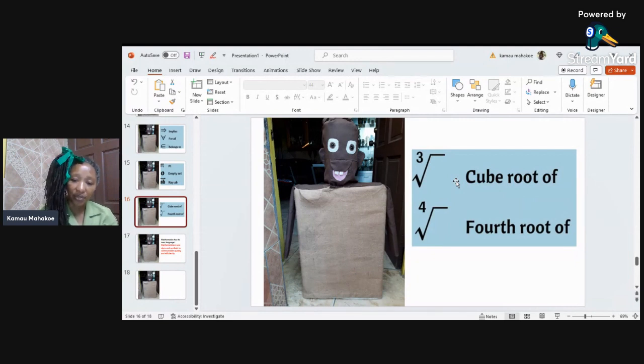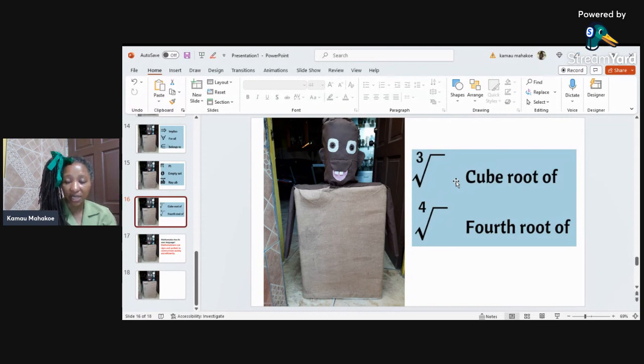So for example, if I multiply a number by itself 3 times, if I multiply 2 times 2 times 2, I'm going to get 8. 2 times 2 gives 4, 4 times 2 gives 8. So 2 cubed gives 8. The reverse of that would be the cube root of 8 is 2, right?